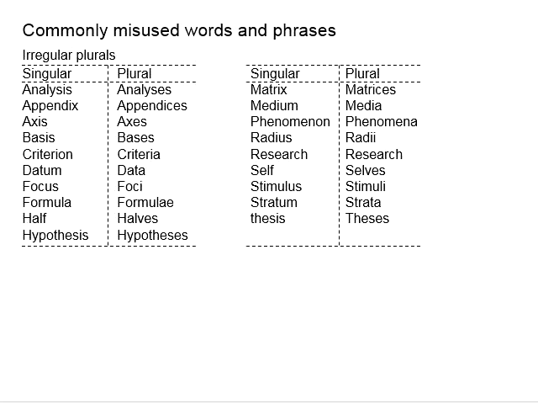These are the common misused words which we normally encounter in the technical writings of engineering research, such as analysis, appendix, axis, basis, criterion, datum, focus, formula, half, hypothesis, matrix, medium, phenomenon, radius, research, self, stimulus, stratum, and thesis.